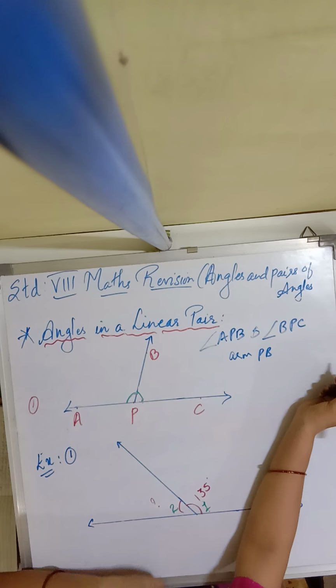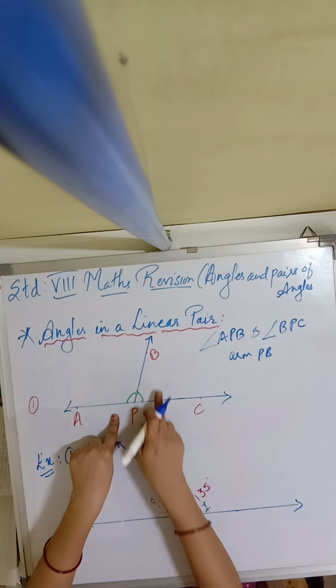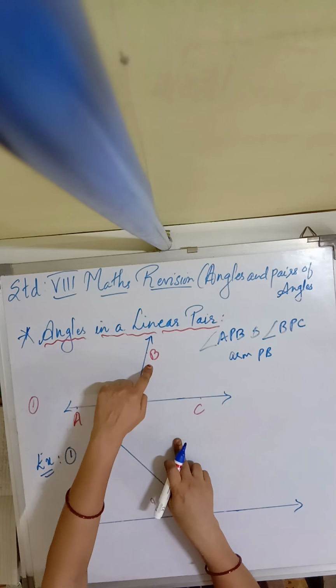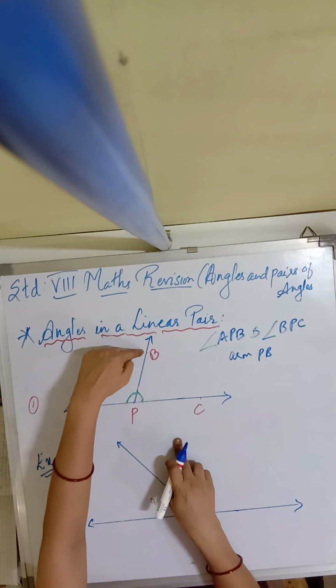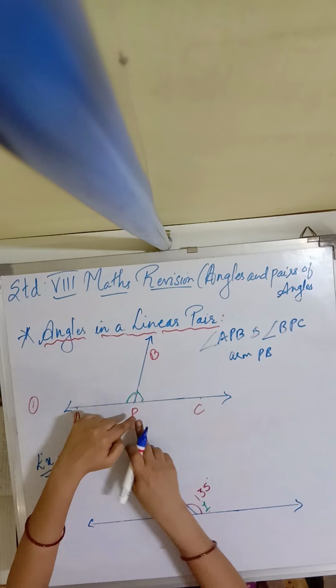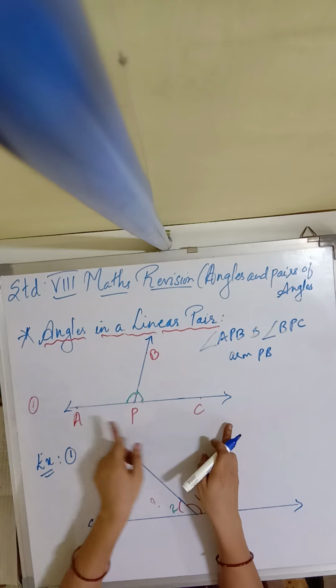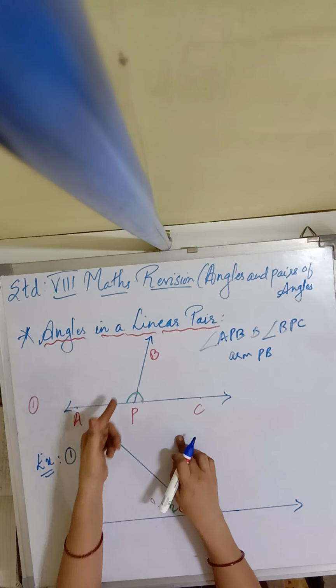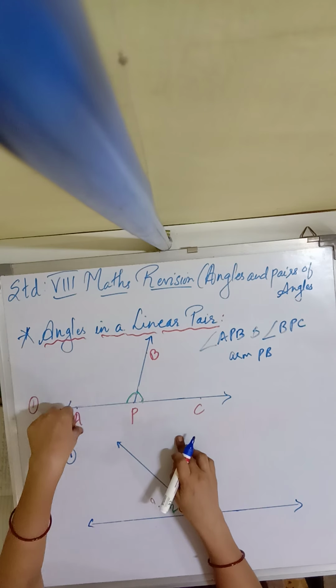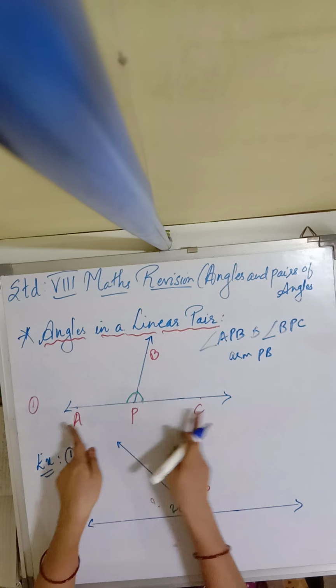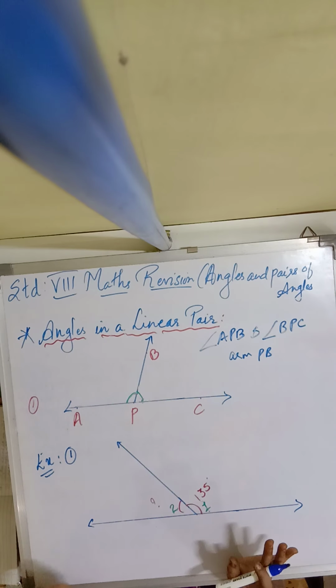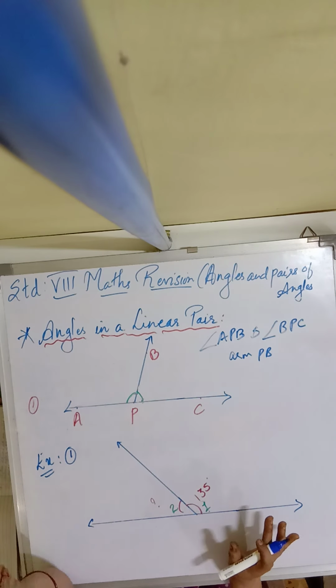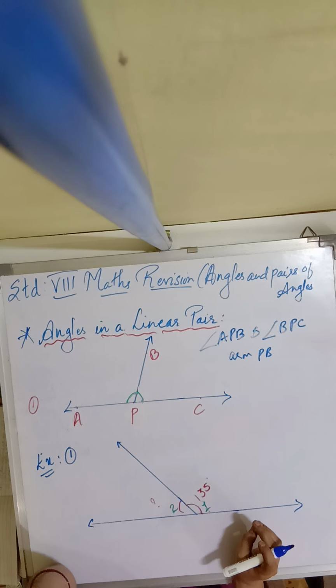And the other arms: if you take angle BPC, one arm is PB, the other arm is PC. This arm PC is forming a straight line with the other arm of the other angle, that is angle APC. So you can see that the other arms are forming a straight line. Such a pair of angles are said to be angles in a linear pair.